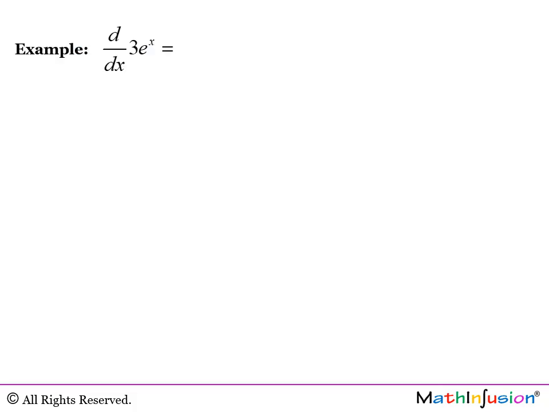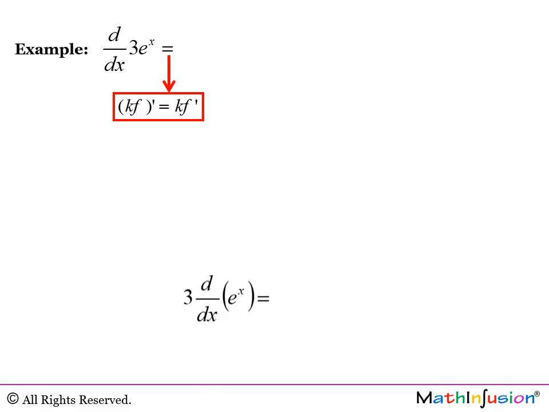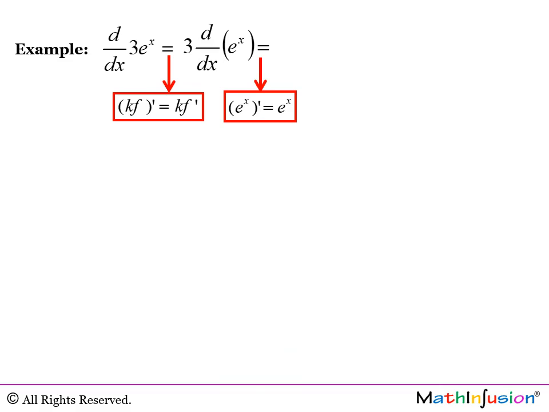Example: differentiate 3e to the x. We are going to use the constant rule, and the derivative of e to the x is e to the x. And we get 3 times e to the x. Now differentiate 7 to the power of x.